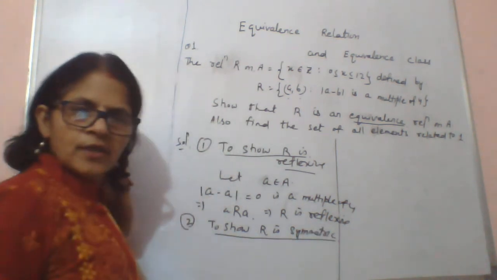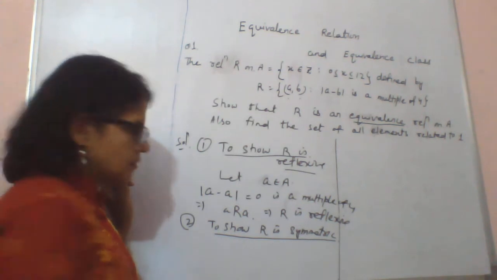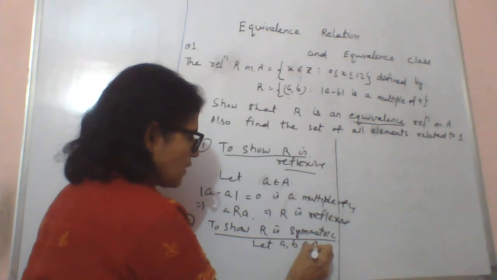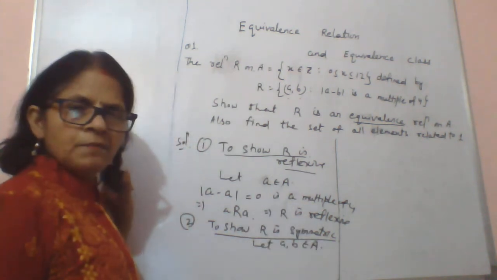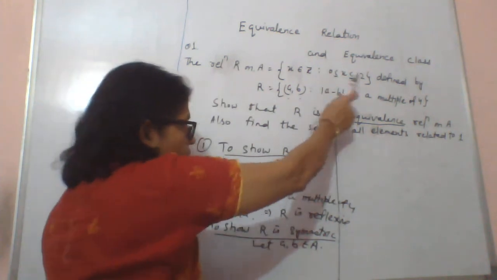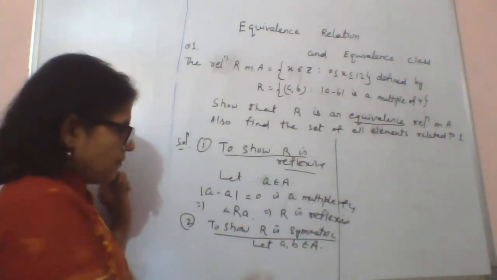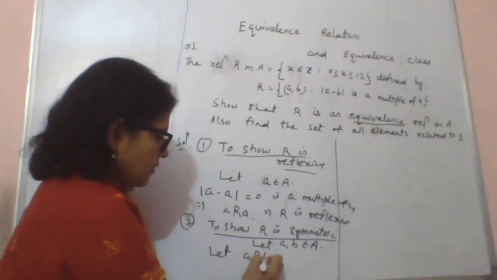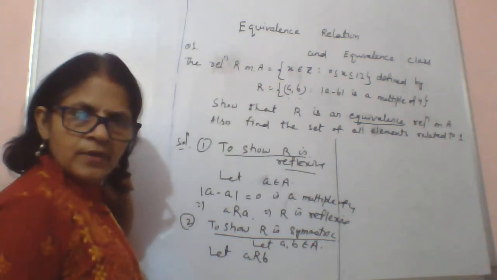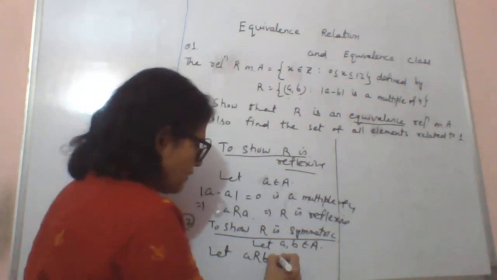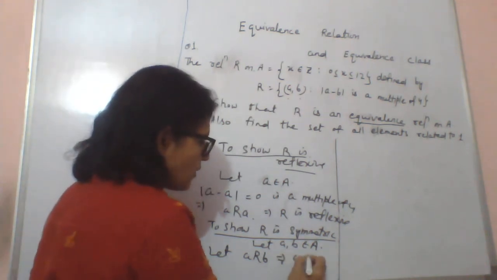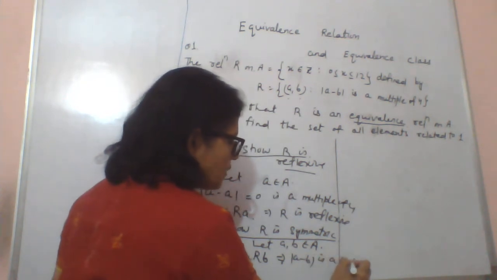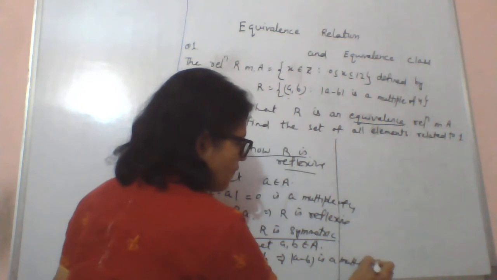So in a symmetric relation you consider two elements. Suppose, for example, I take a, b belonging to set A. It means a and b are elements from 0 to 12. Now also let (a, b) belong to R, which means a is related to b. This means mod a minus b is a multiple of 4.